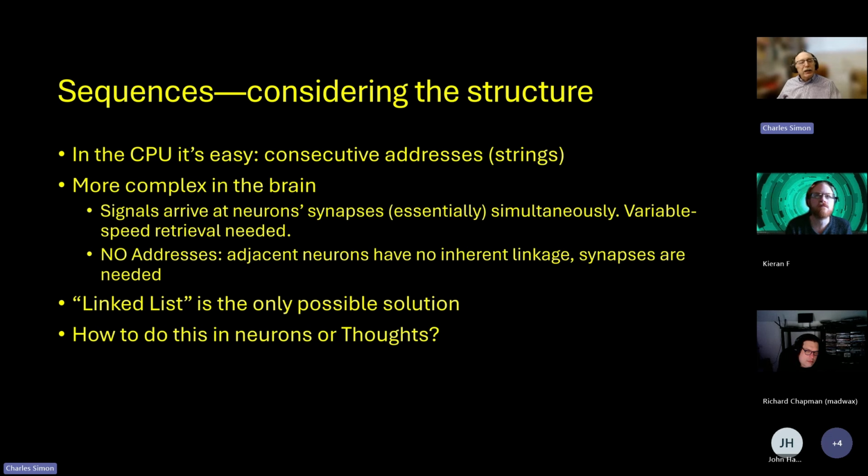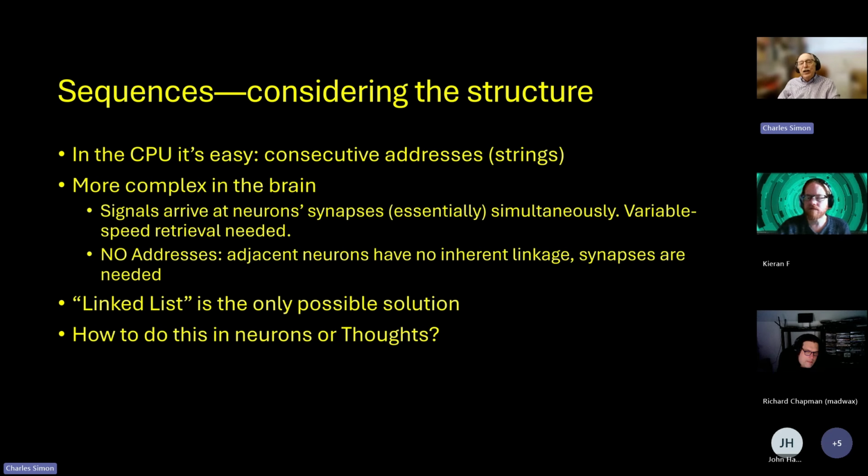And a side effect of having no addresses is that you can have adjacent neurons, and if they're not connected by a synapse, they could be on different sides of the brain for all your brain cares about, because only through synapses do we get the connections. Now you could say, well, if you have adjacent neurons, they have a propensity to create synapses that hook to each other, but that's the key.